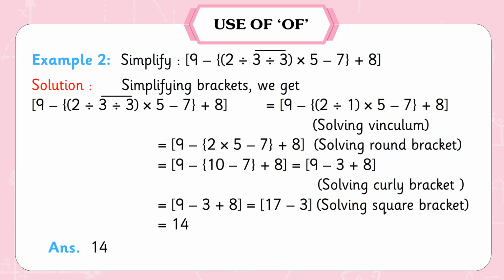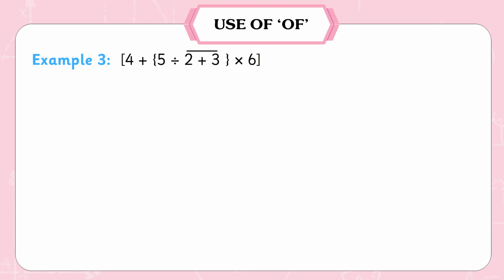Answer: 14. Example 3. [4 + {5 ÷ 2 + 3 with a vinculum over 2 + 3} × 6]. Solution.